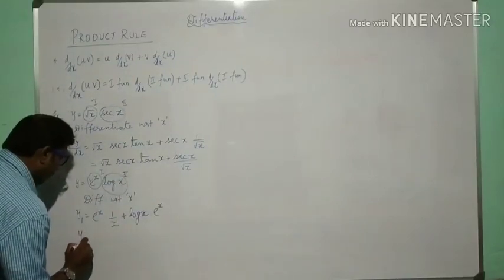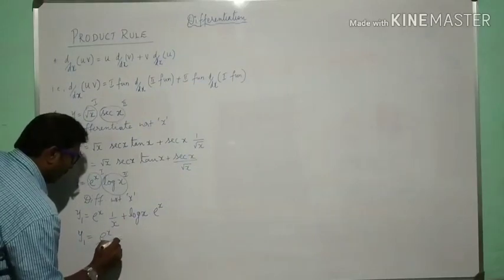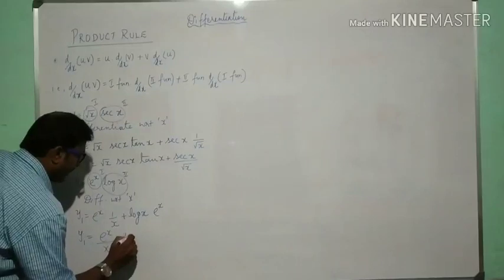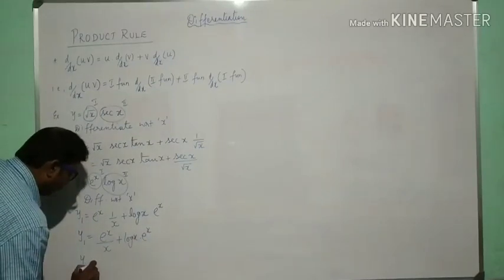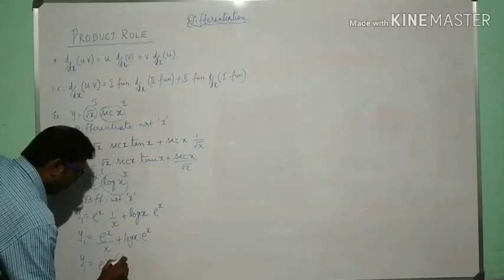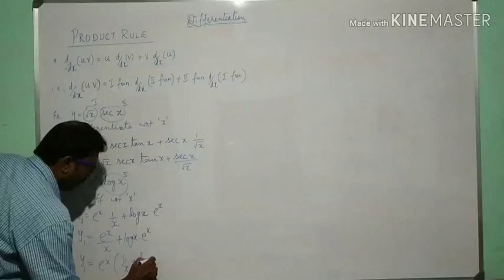Now rearrange: y1 equals e power x by x plus log x e power x. Now e power x you can take common. Now the rest is 1 by x plus log x.